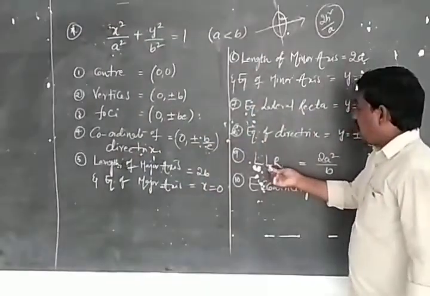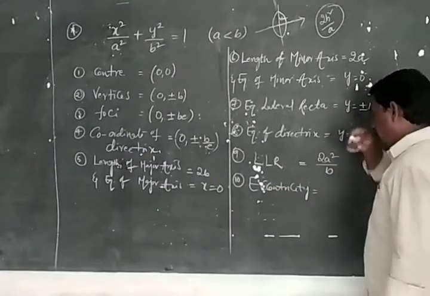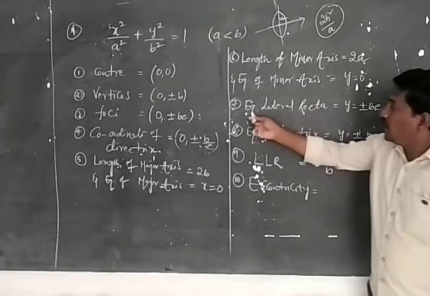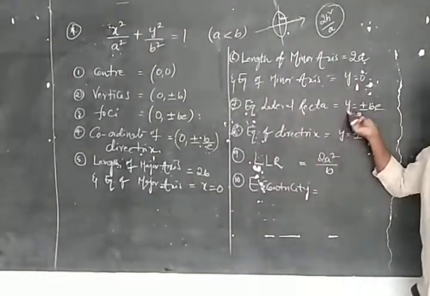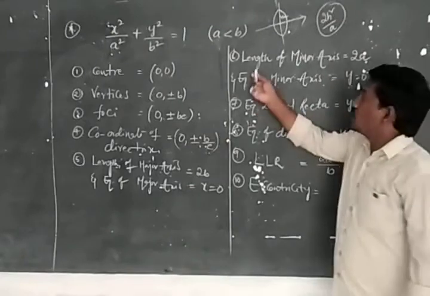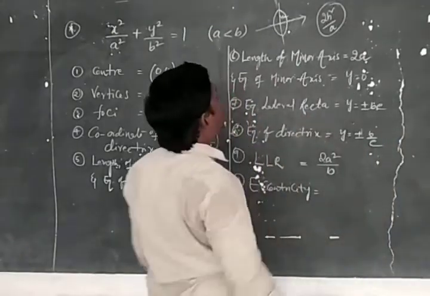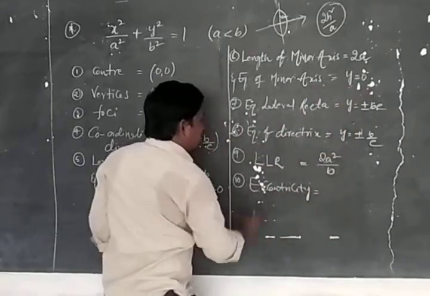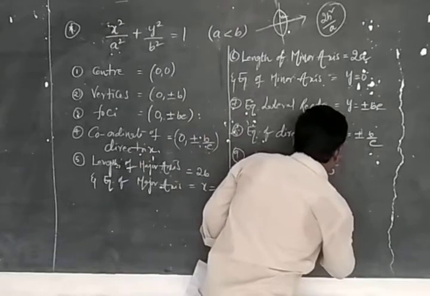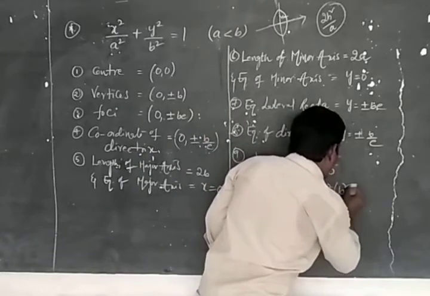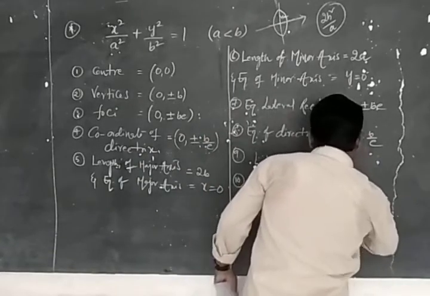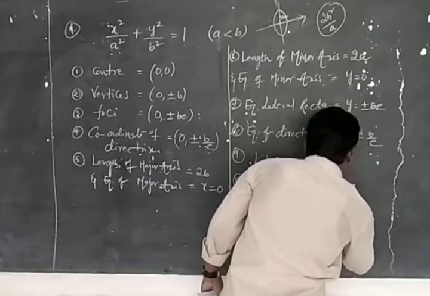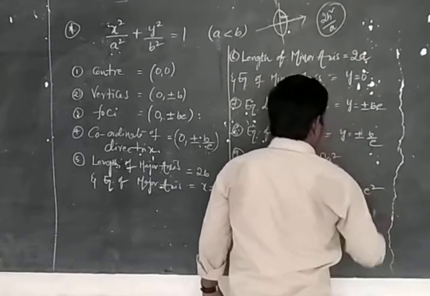But the equation of the directrix is y equal to plus or minus b by e, and the equation of lateral rectum is y equal to plus or minus b. The length of minor axis is 2a, and the equation of minor axis is y equal to 0. Now eccentricity: a square equal to b square into 1 minus e square.